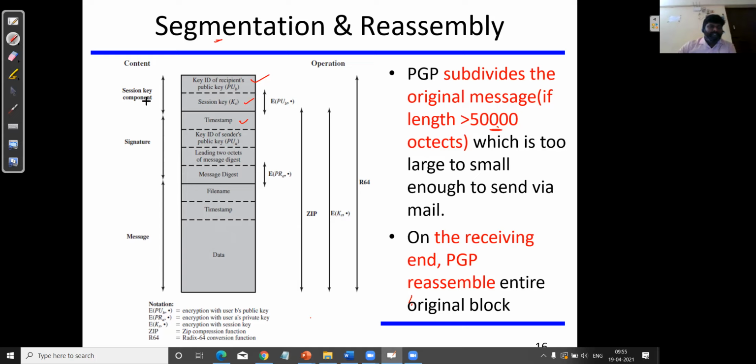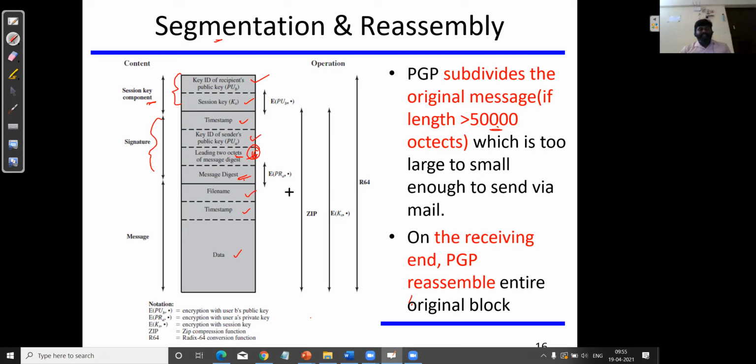These are the pieces of information relevant to creating a signature: the key ID of the sender, the public key, the message digest value, and the leading two octets, which are 16-bit values. And this is the message information: file name, timestamp, and then data.